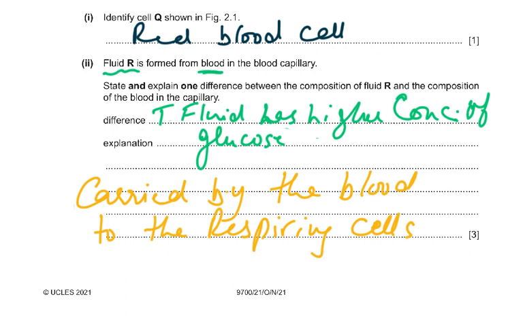It is small, so it can be filtered through the gaps, and it is filtered out under pressure from the plasma. So the pressure is going to cause the glucose to diffuse out through these gaps. The gaps are the very important thing which you've got to understand. You can also say diffusion through the cells in the capillary wall.